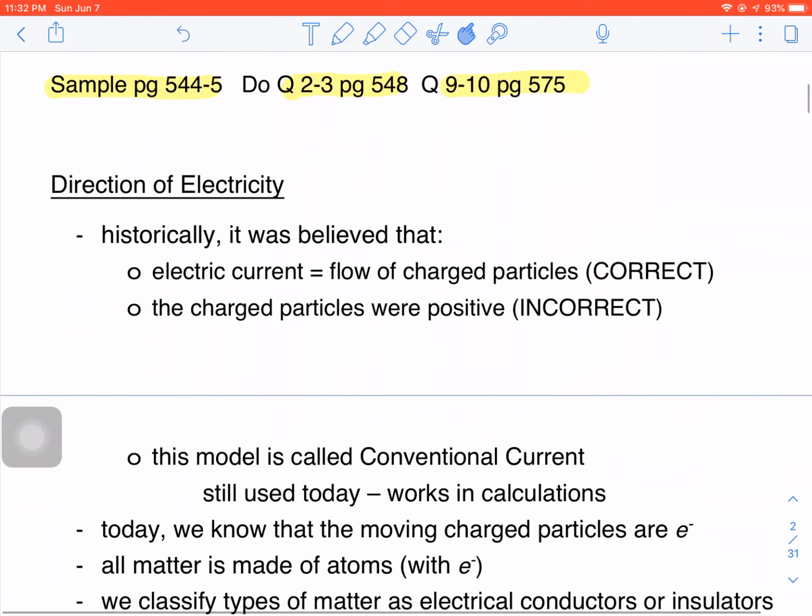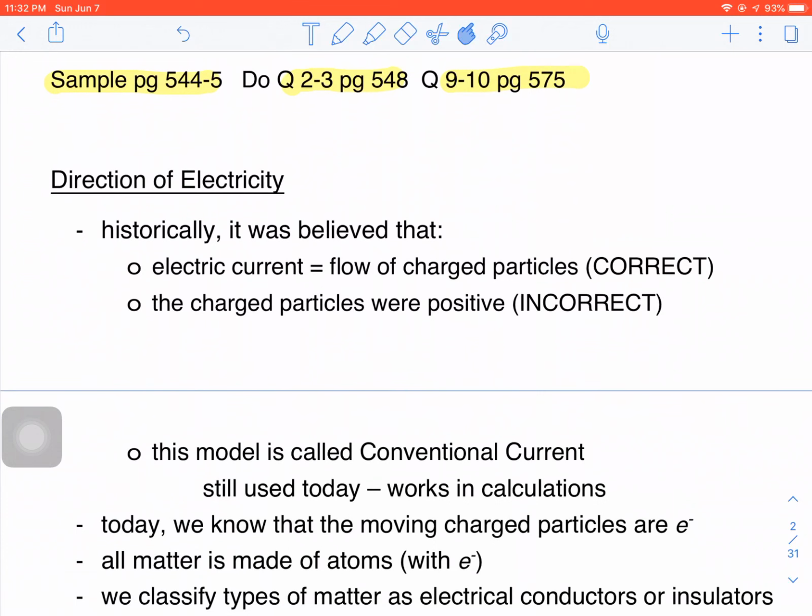Okay, so historically, what we understood about electricity was that electricity talks about the movement of charged particles. And that's what we believed, and today we still believe that electricity is about current or the flow of charged particles. What they kind of got wrong was what the charged particles are.